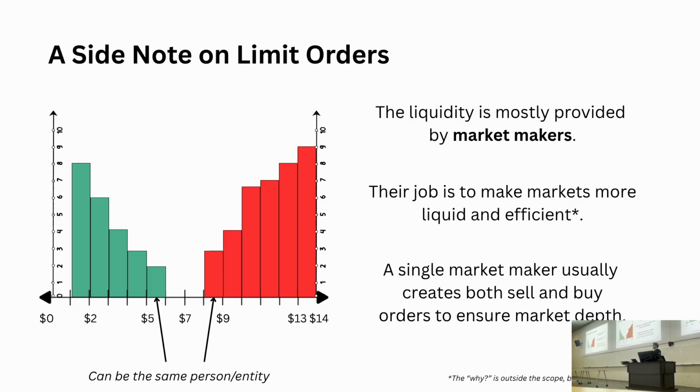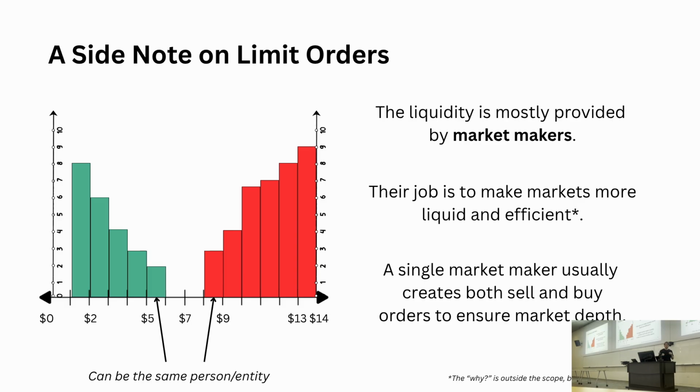And how exactly are they making money? The first one is they make money on the spread. If the spread is wide, they might sell you an asset for a higher amount and then buy it from you for a smaller amount, and make money that way. It's called making money on the spread.